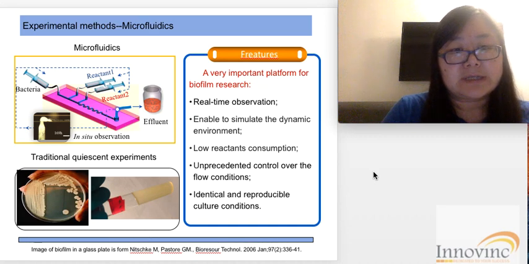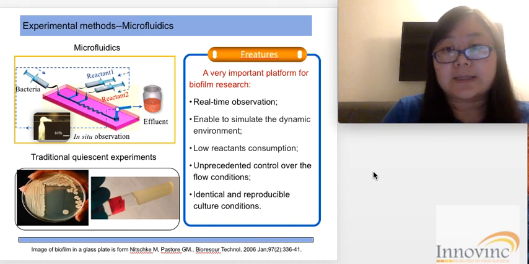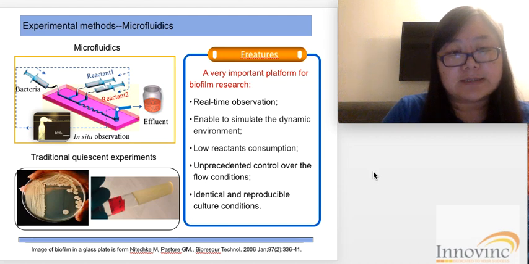The traditional experiments, like culturing biofilm in a plate or in a flask tube, make it difficult to study biofilm in dynamic conditions. So here we use newly developed microfluidic technology, which can precisely control the fluid and reactants at a microliter or milliliter scale.